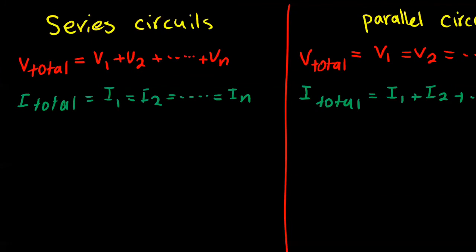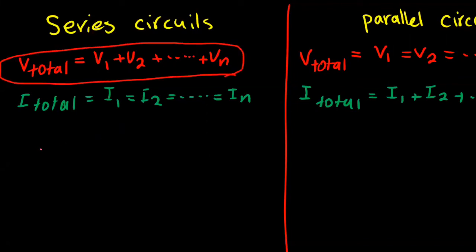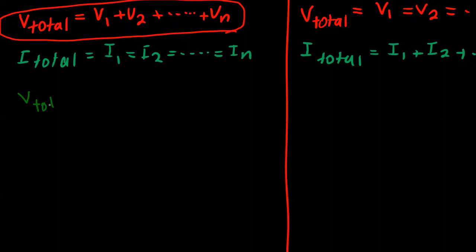Let's look at the series circuit first to find out about R total in a series circuit. So I start writing the formula again. I want to use this formula. So I rewrite it. And as Ohm's law, you know V equals IR.